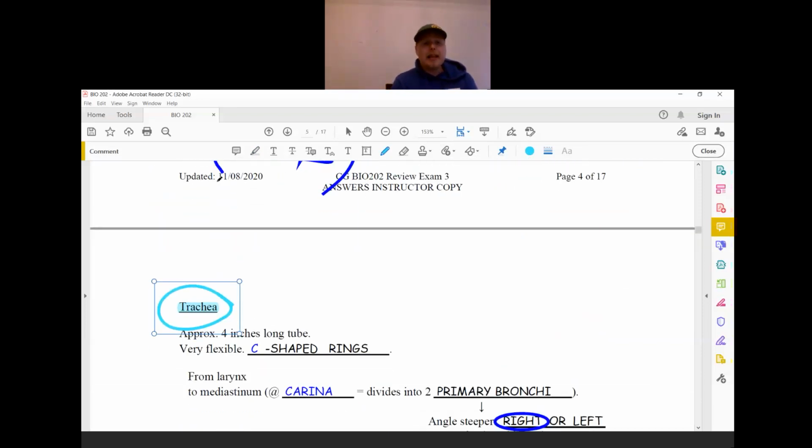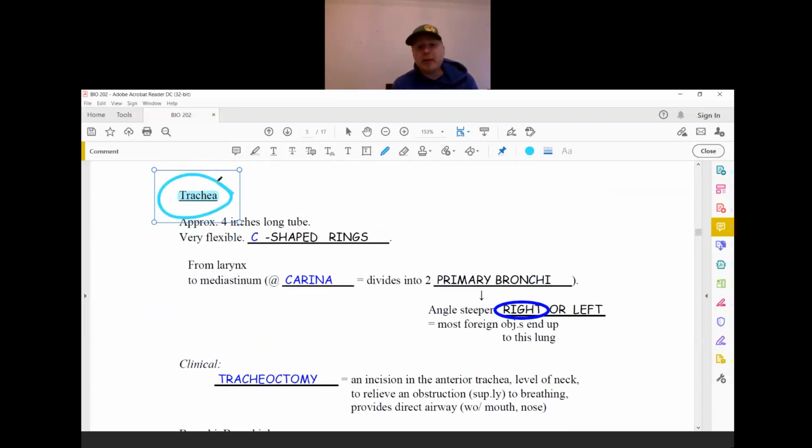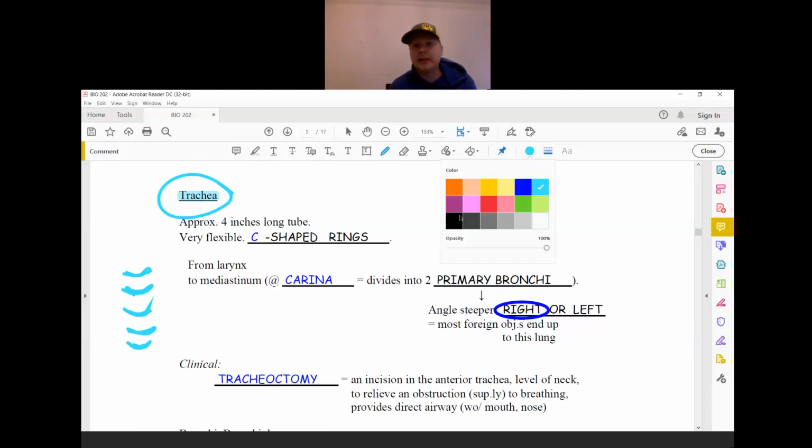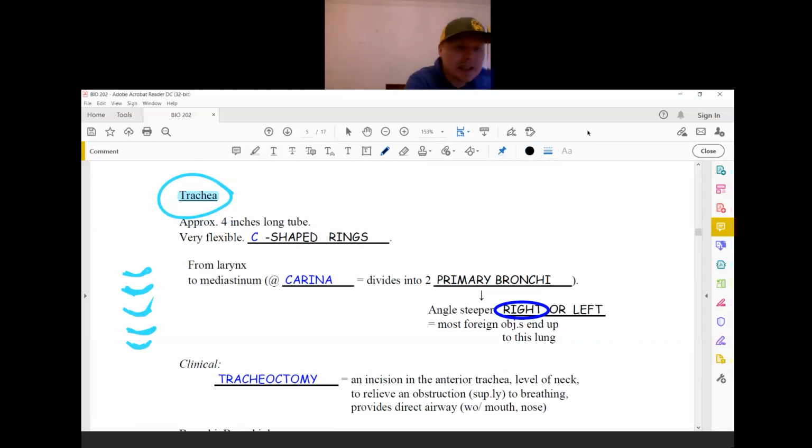One thing that's characteristic of the trachea is that I talked about how it has these cartilage structures that are then connected to each other. This is a side view if you wish to look. So we're seeing those rings and they are connected to other parts and so on.